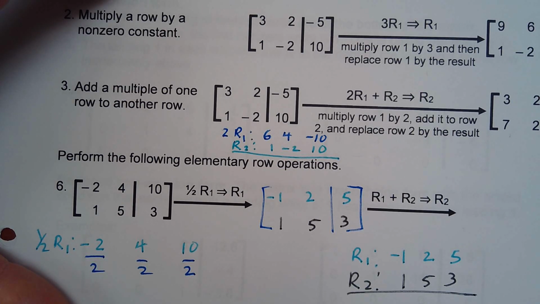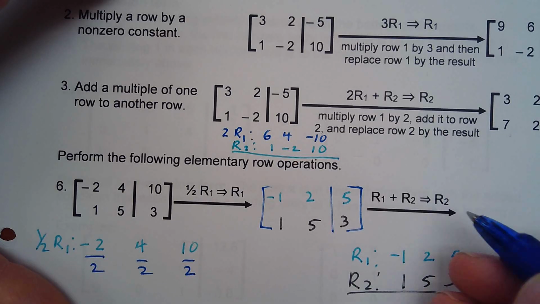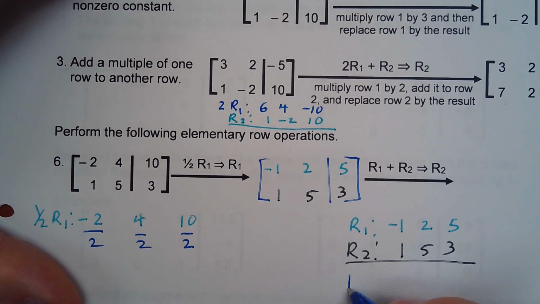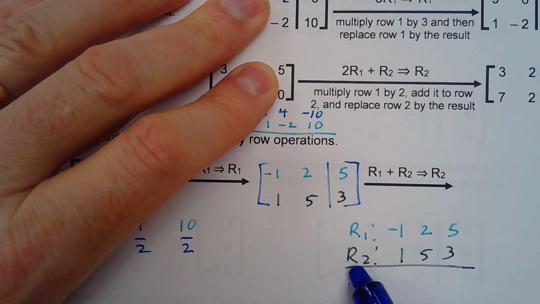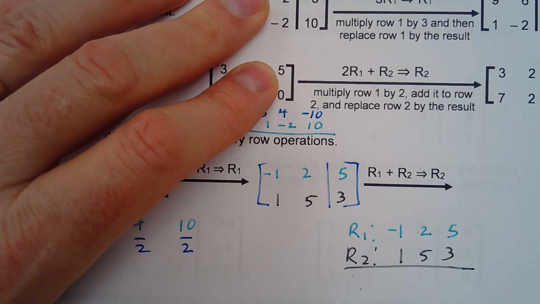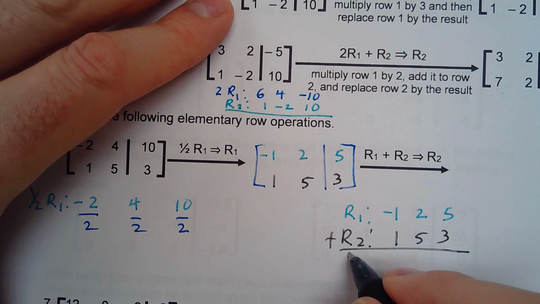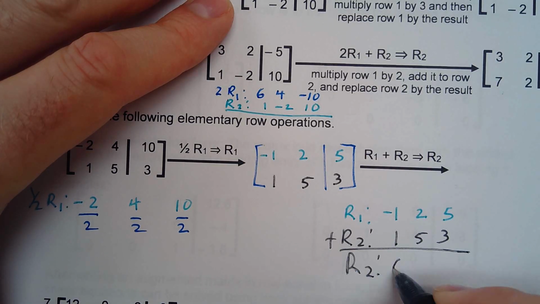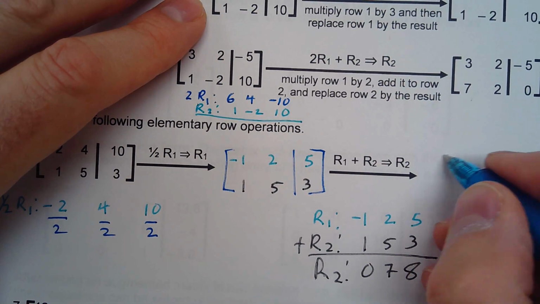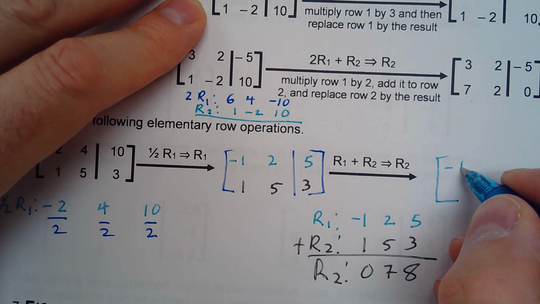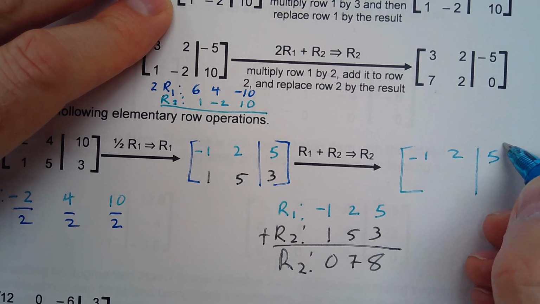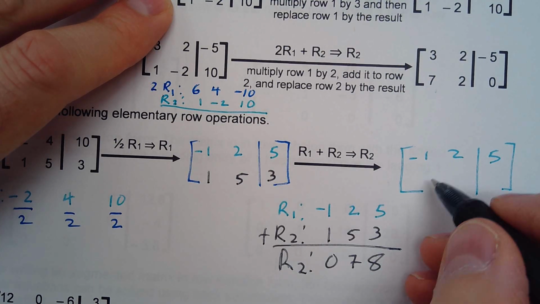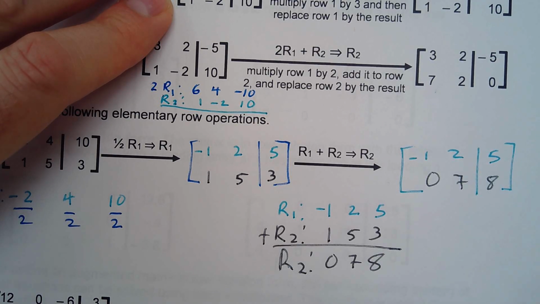That will give me my new row number 2, because that's where we're putting it. I think it's a 0, 7, 8. So my row 1 stays -1, 2, and 5. But now my row 2 is 0, 7, and 8.